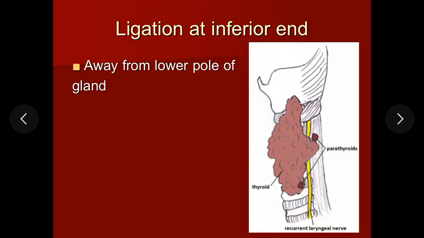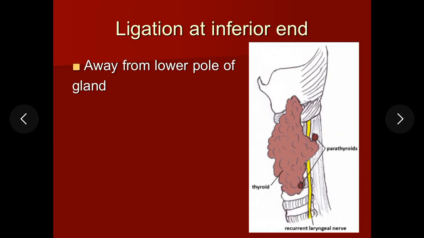One more thing to remember: the main arterial supply is the superior thyroid artery from the external carotid artery, plus the inferior thyroid artery, a branch of the thyrocervical trunk, and you know where to ligate these arteries at the upper and lower poles because of their intimate relation to two nerves, the external laryngeal nerve and the recurrent laryngeal nerve.